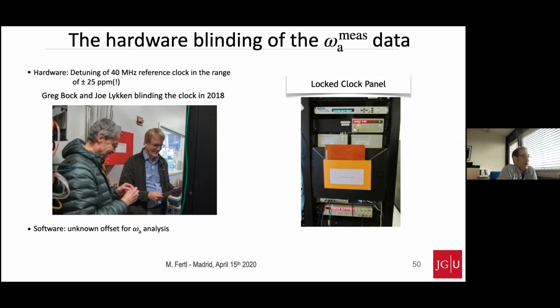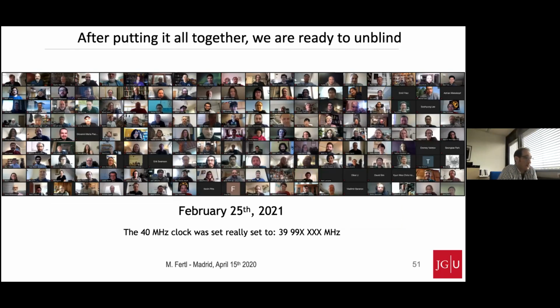So compared to the 0.5 parts per million statistical uncertainty that had been anticipated, it's a factor of 50. And they locked basically the panel of the clock, wrote down the number in an envelope and sealed it. And only once we had put everything together and we were ready to unblind in this meeting on February 25th, we opened the envelopes.